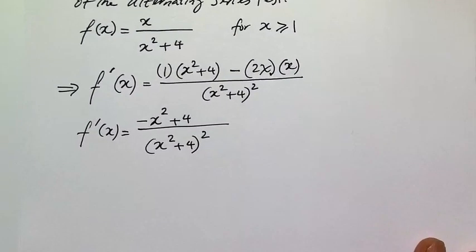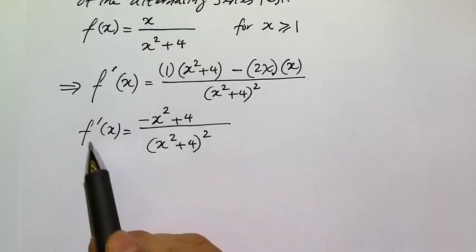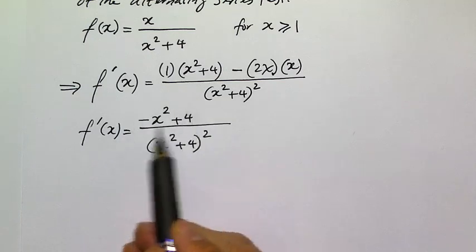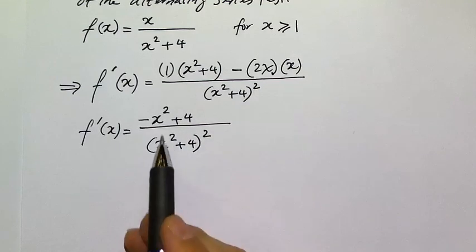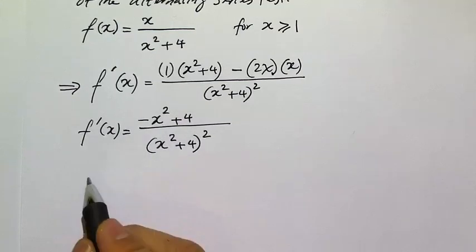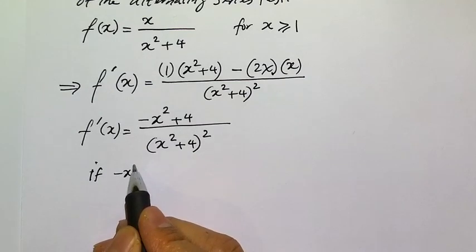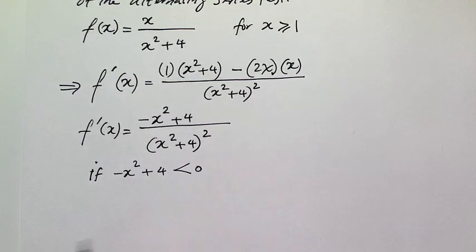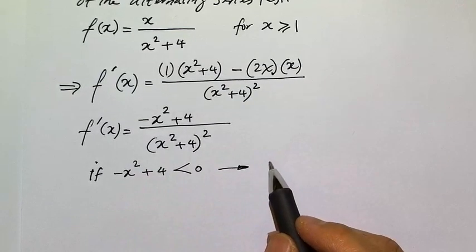The denominator is always positive, since it's squared. So this first derivative is going to be negative whenever the numerator is negative. Let's solve this for 0, to find the threshold value. So if minus x squared plus 4 is less than 0, when would it be negative?